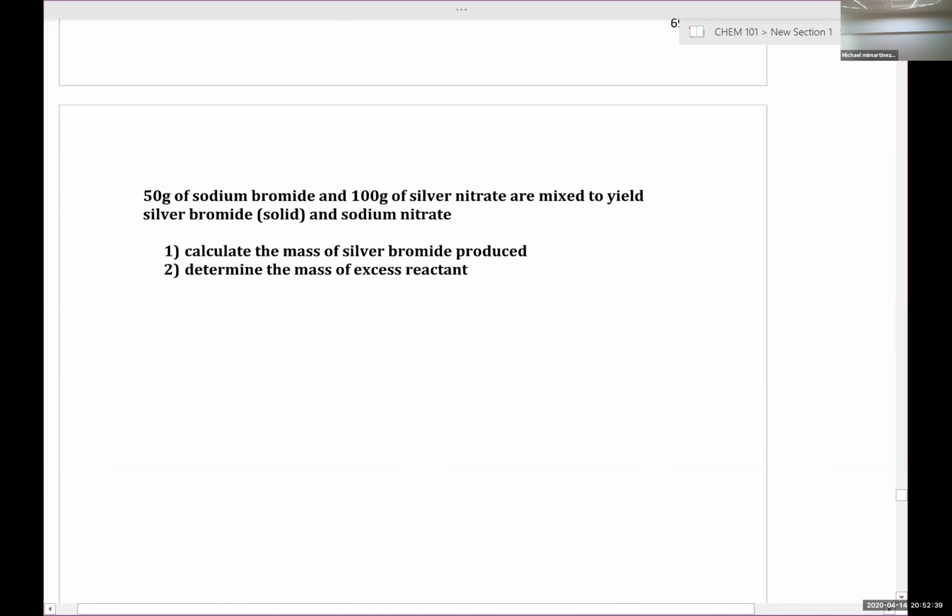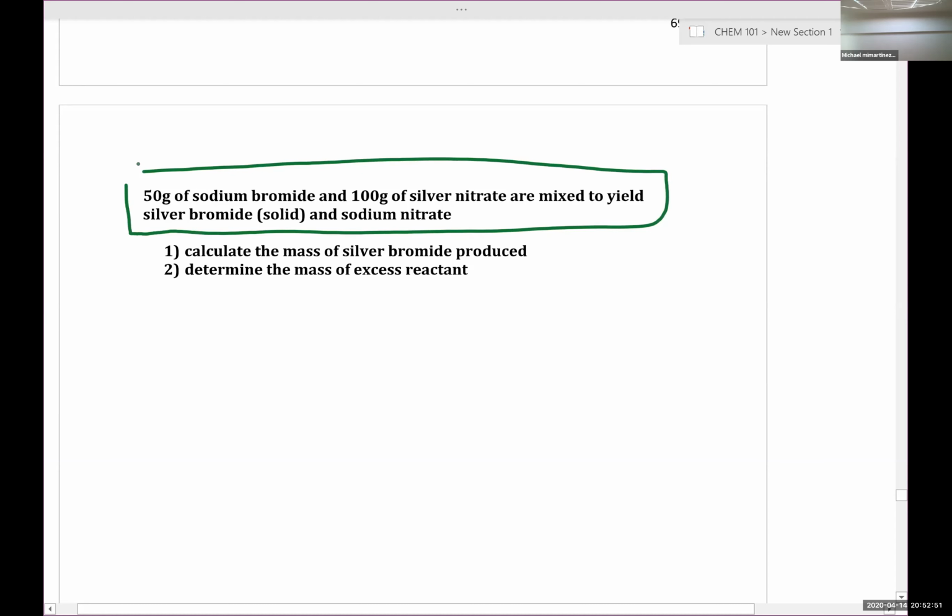What I want you to do now is, given both of these methods that I've showed you, I'm going to give you the following word expression, and I'd like you to calculate the mass of product generated and the mass of excess reactant. This is exactly the way that you'd see problems on the exam.